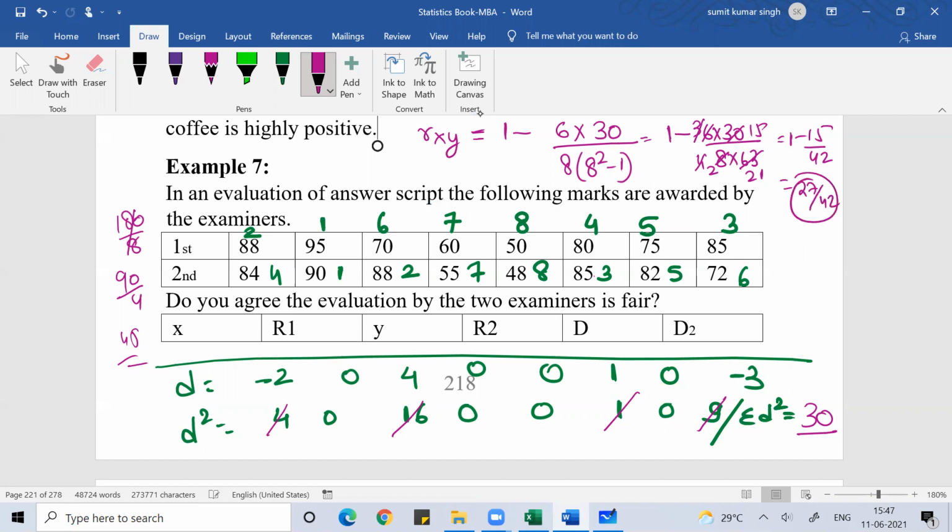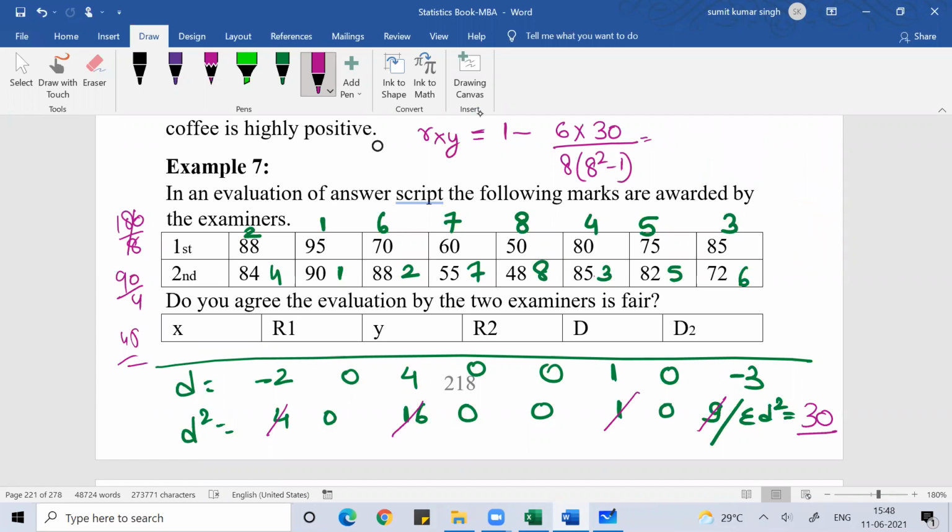Dividing by 3, I can write this as 9 by 14.